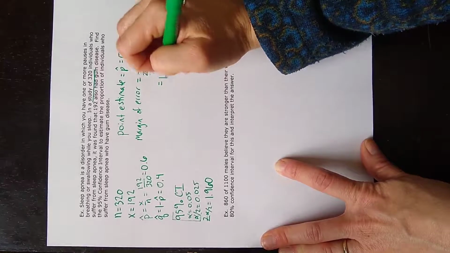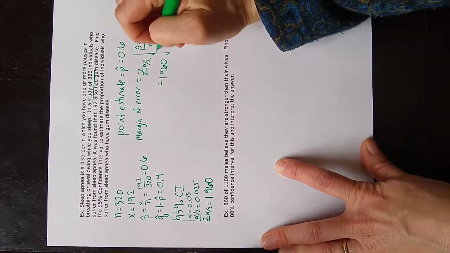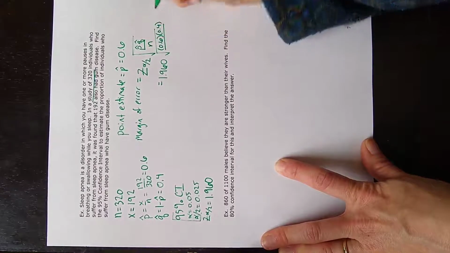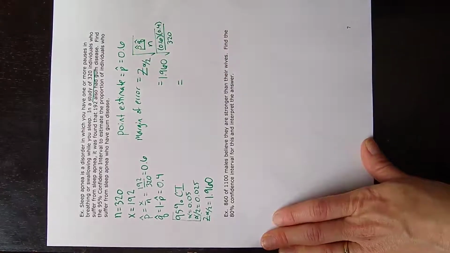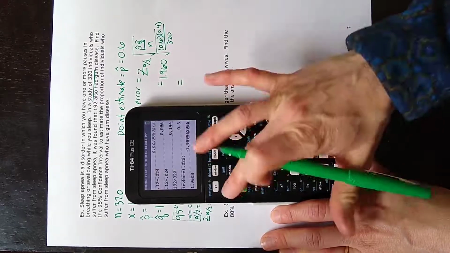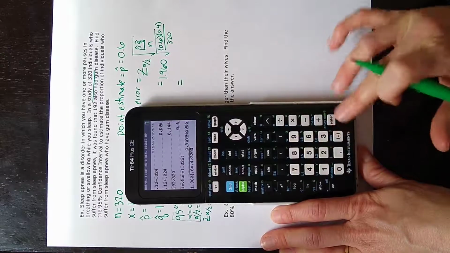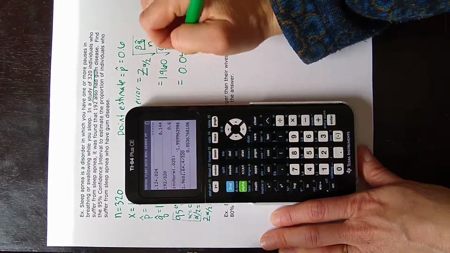We have all those values now. 1.960 times square root of 0.6 times 0.4 over the n of 320. And again, enter this all at once just to keep your precision and leave your rounding to the end. So our margin of error is 0.054.